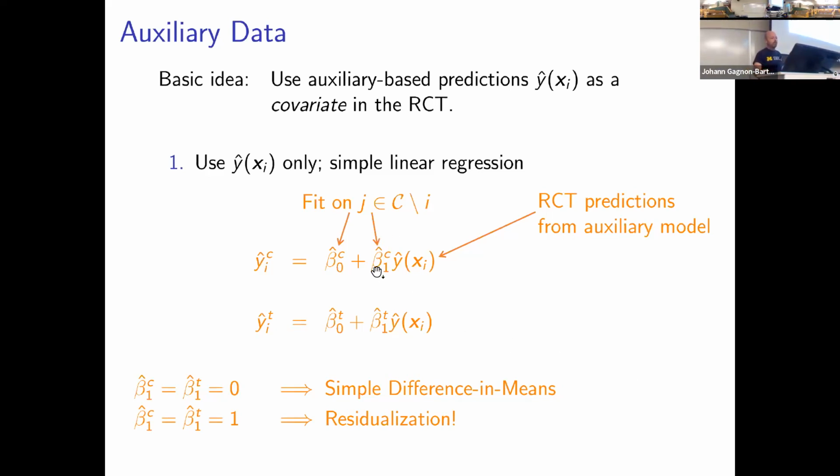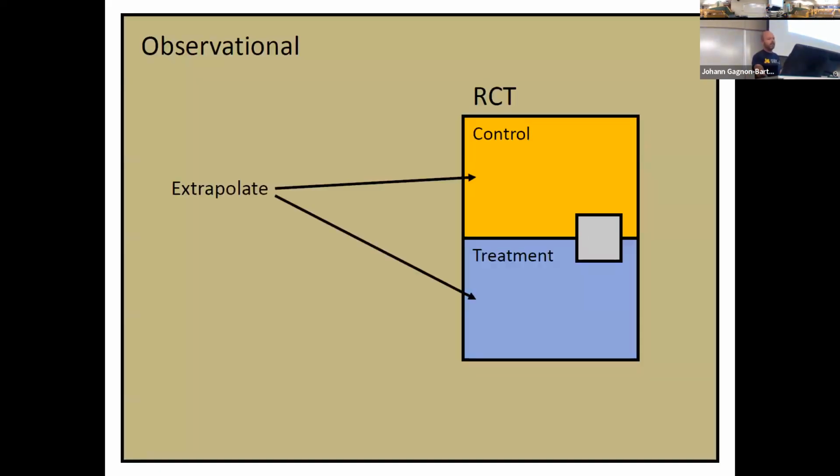But we're getting these slopes empirically. They could be anything between 0 and 1, depending on how useful these covariates are. So you're basically adaptively deciding how much to use these predictions. If they're really bad, you don't use them at all. If they're good, you use them a lot. And that's kind of what's happening here.